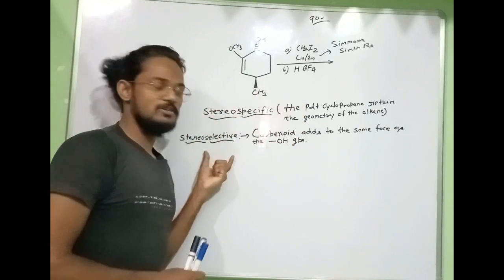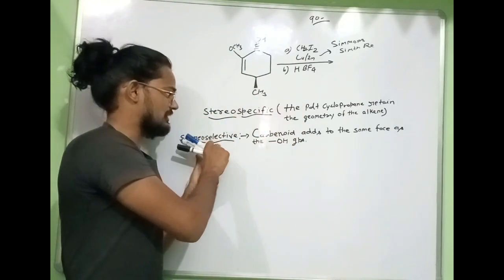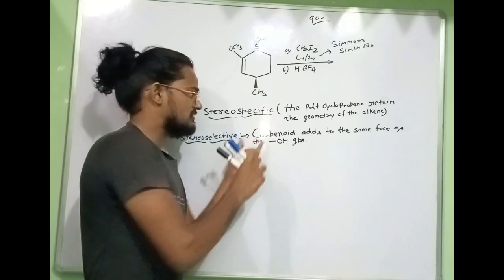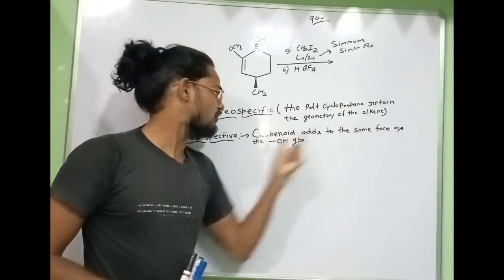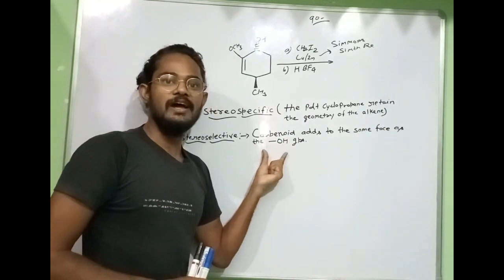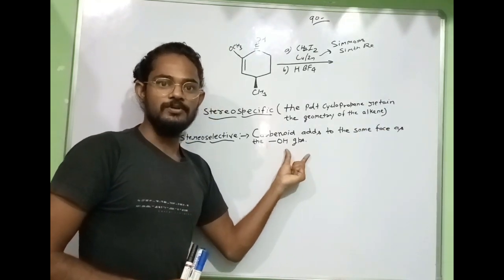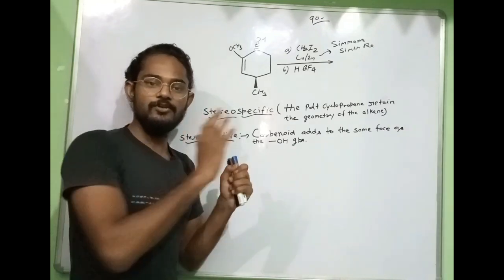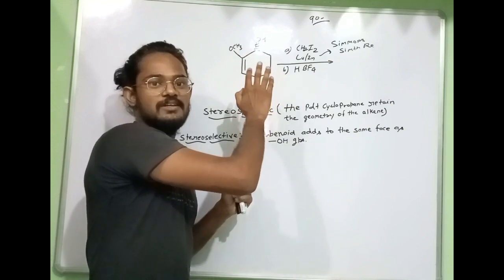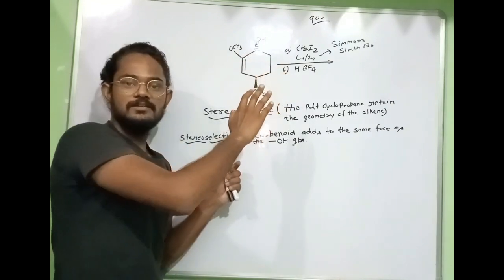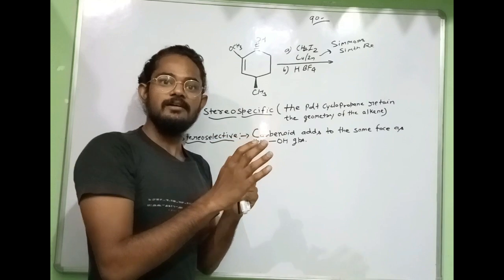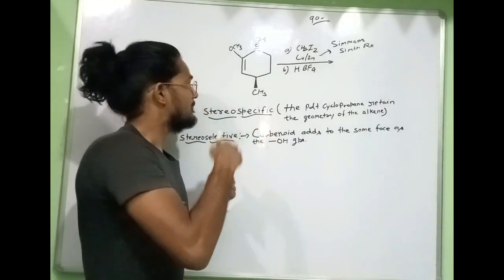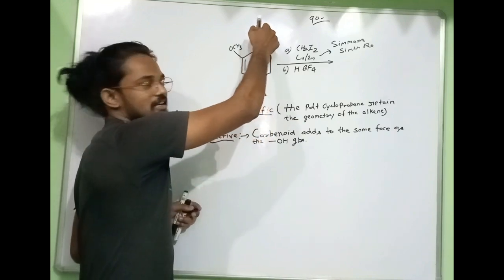As well as the stereoselective reaction: the carbenoid adds to the same face as the OH group or hydroxyl group. Suppose your OH group is below the plane, then the cyclopropanation adds below the plane. Like this is the dash, or below the plane.